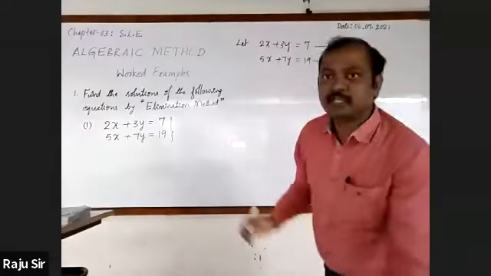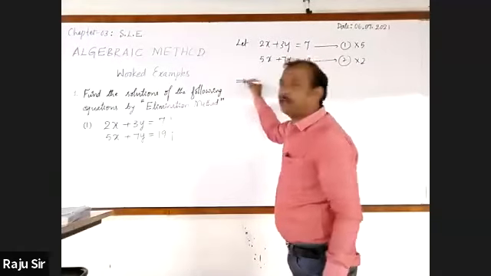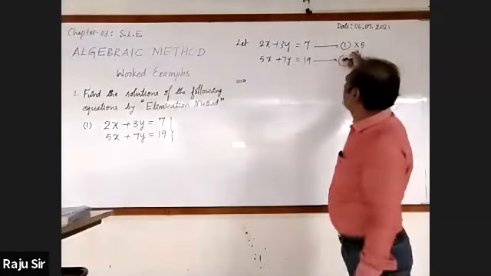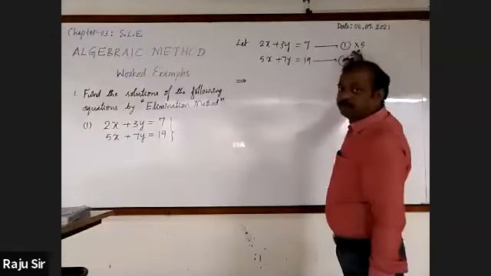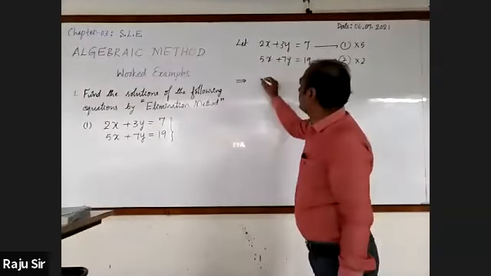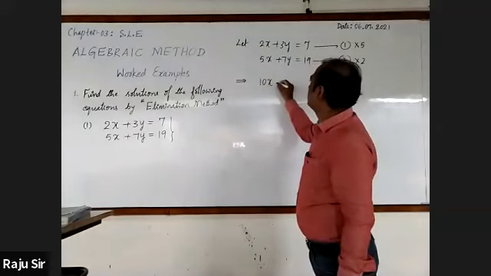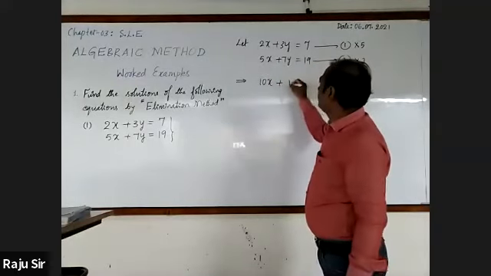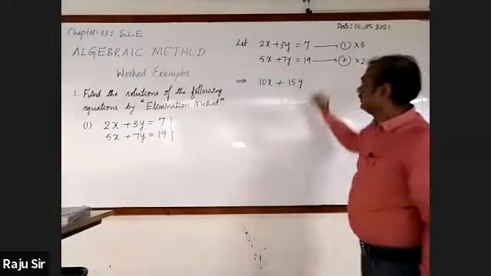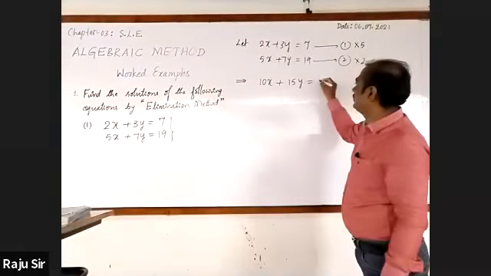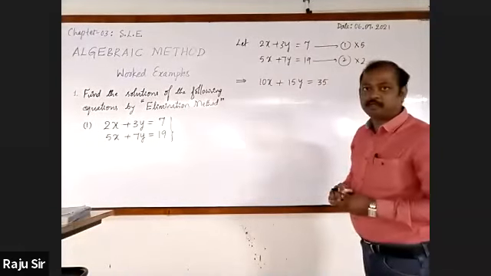Now the coefficients can be equalized. I am going to rewrite the equation. See that, let us multiply the first equation by 5. 5 2s are 10, 10 into x plus 5 3s are 15, 15 into y. This is equal to 5 7s are 35.